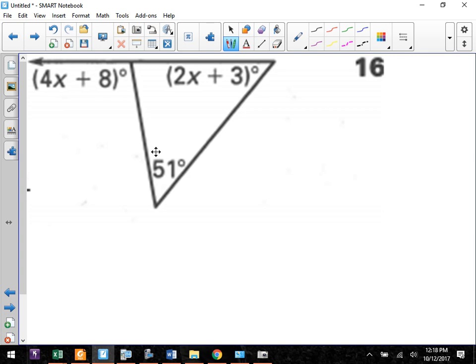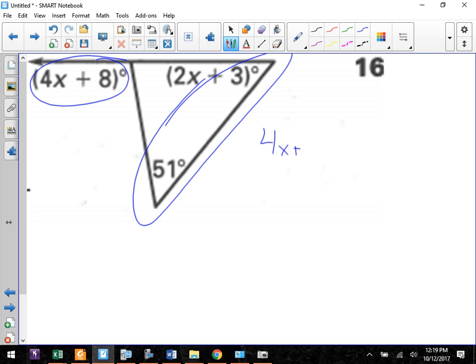The two angles that it does not touch would be, what, 2x plus 3 and a 51? Which means that algebraically, the exterior angle is going to equal the sum of the two it doesn't touch. It's not any different with numerical things. You just solve for x.